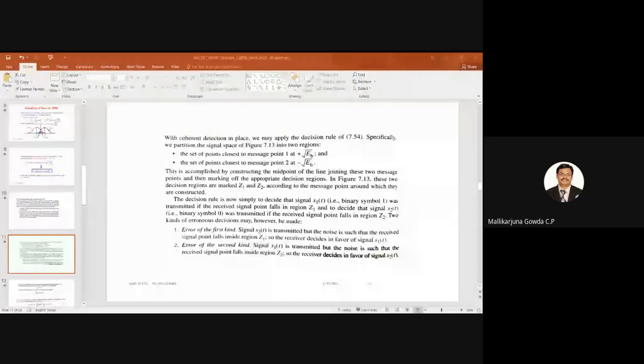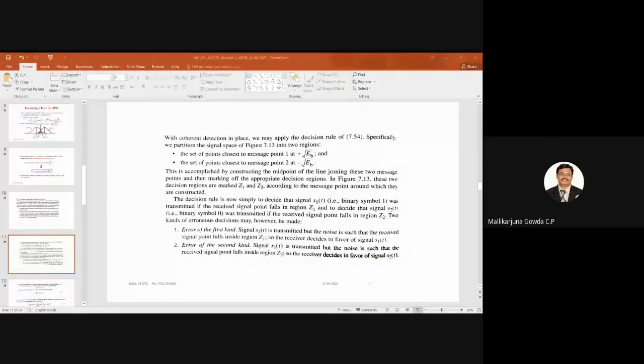The possible erroneous decisions: the first kind of error is when signal S2 of t, meaning symbol 0, is transmitted, but the noise is such that the received signal point falls inside the region Z1, so the receiver decides in favor of signal S1 of t.